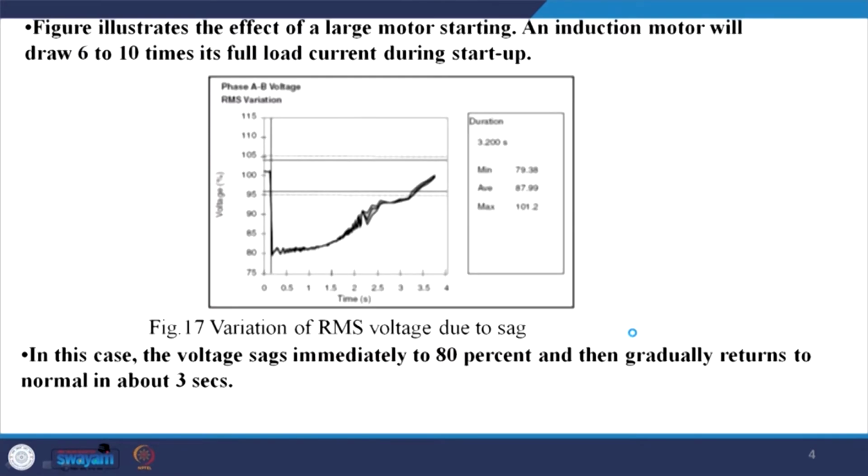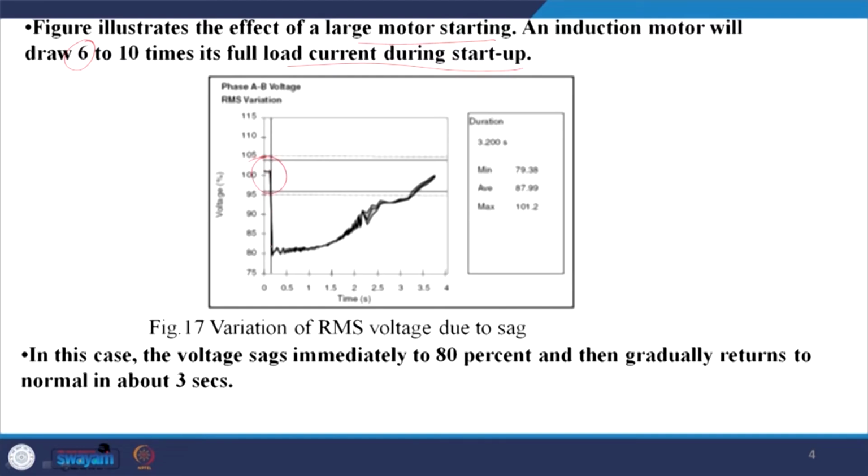Similarly, we shall illustrate another figure showing the effect of large motor starting. An induction motor will draw 6 to 7 times its full load current during startup, and due to that the voltage will fall. You can see this is the moment the motor has been started.